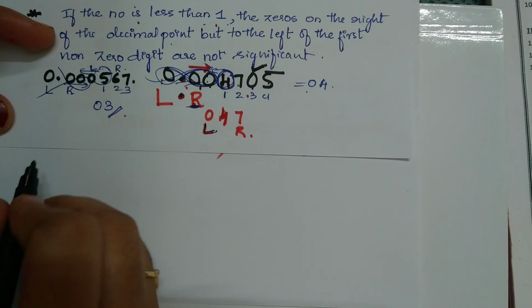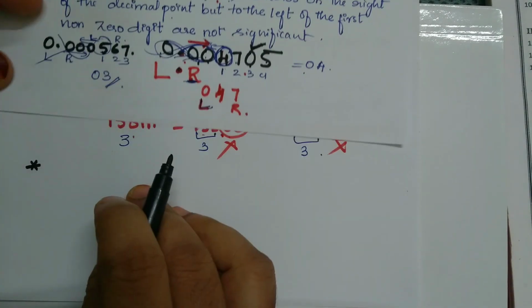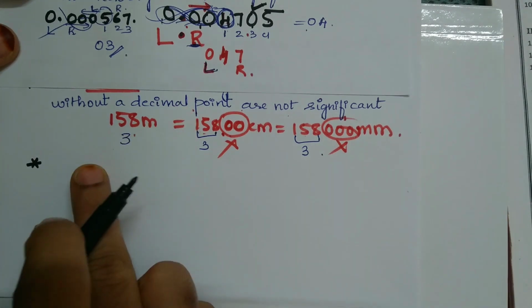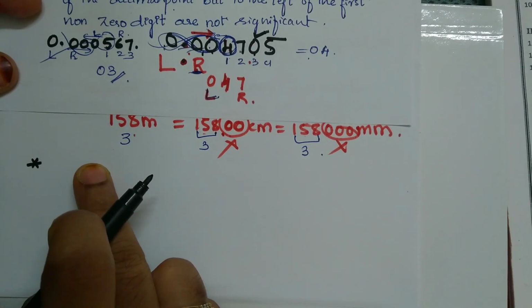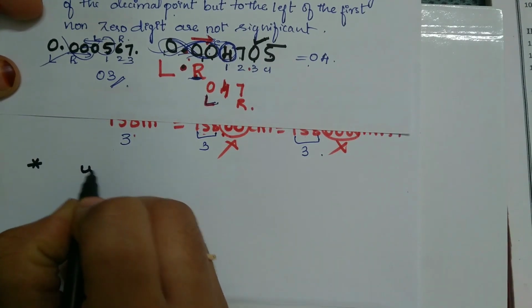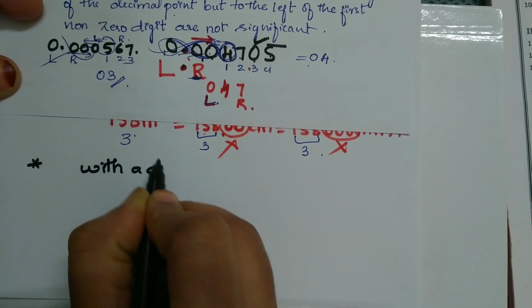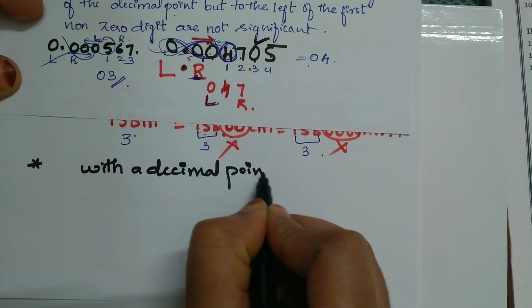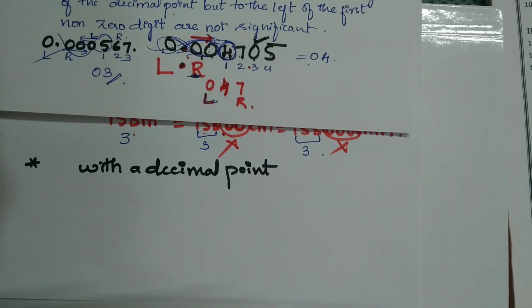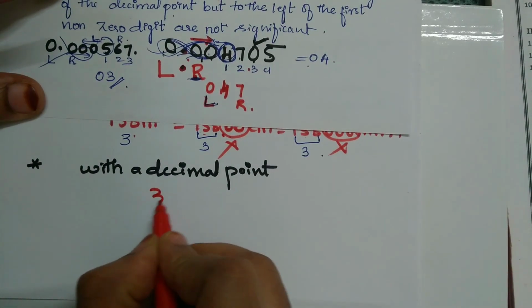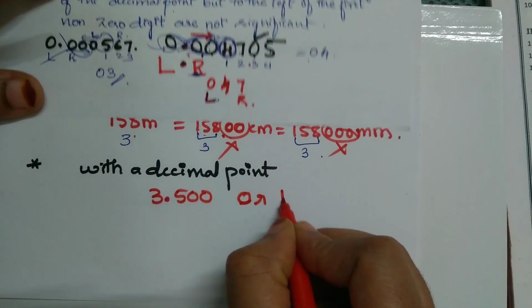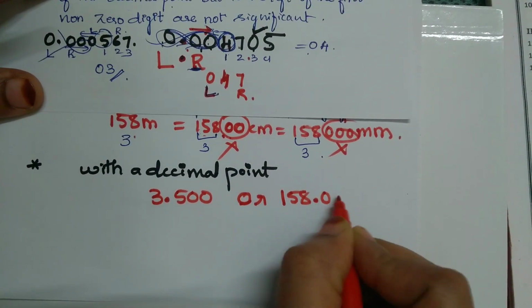Then let us move to the last significant figure rule, that is the trailing zeros in a number with the decimal point are significant. This is a little different. Here without a decimal point it was not, but here with a decimal point, the trailing zeros are significant. So an example for this will be like 3.500, or you can take 158.00.